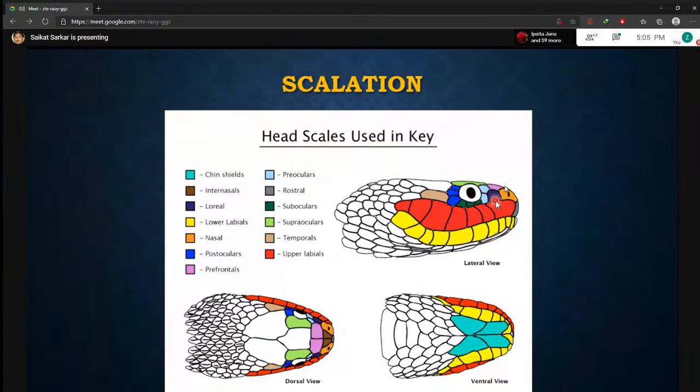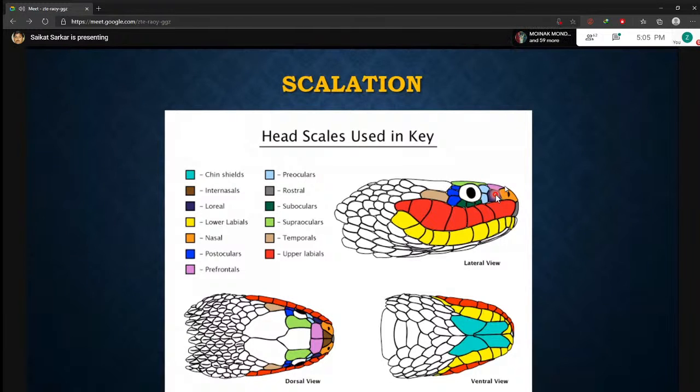So largely, or loosely, you can say you can actually identify non-venomous and venomous by the presence or absence of this one. If it is absent, then it is likely to be venomous. But if it is present, it is not deadly. Again, there is an exception.